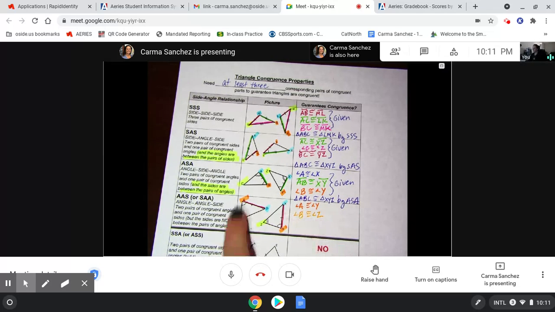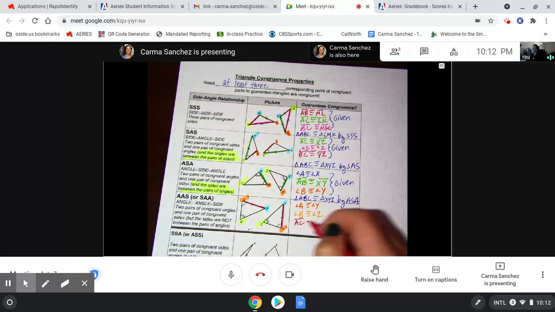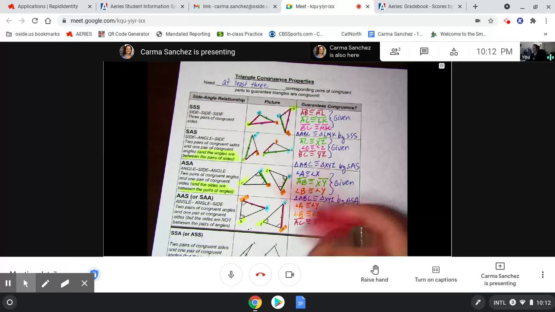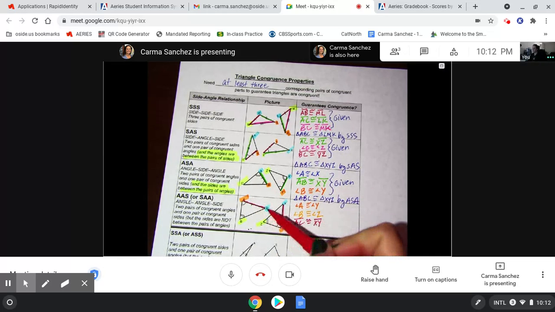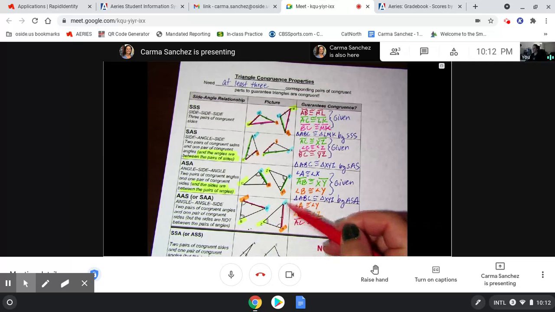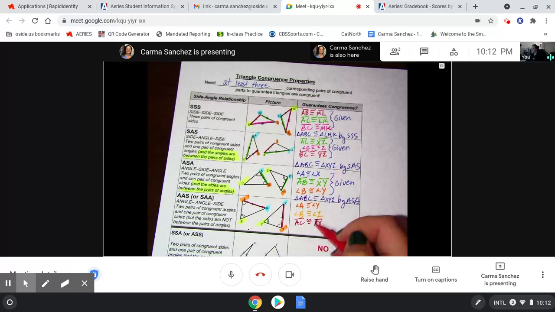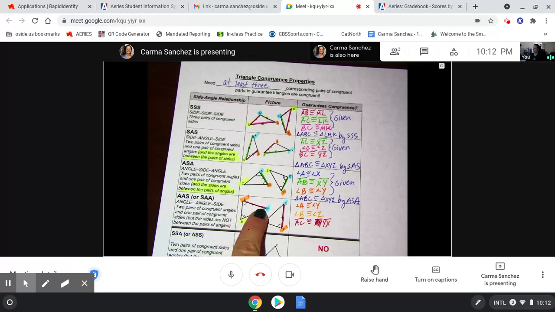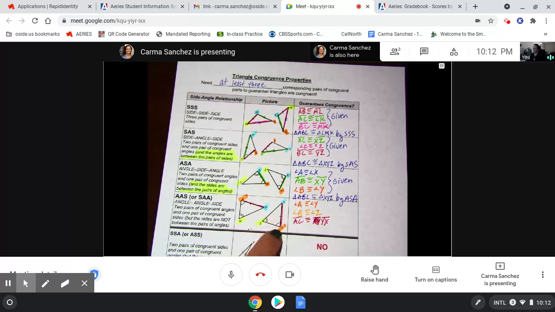I'm going to say side AC is congruent to side XY. Now notice, I went AC, I went orange, blue, and I just accidentally said it backwards. I said blue, orange, so I need to change this to YX. Be careful. If you go orange, blue here, you have to go orange, blue here. I almost left that.